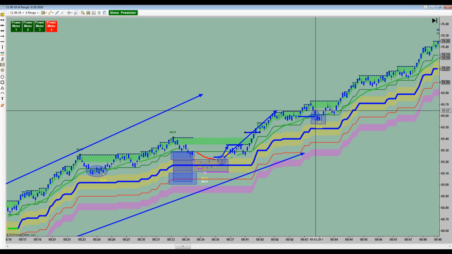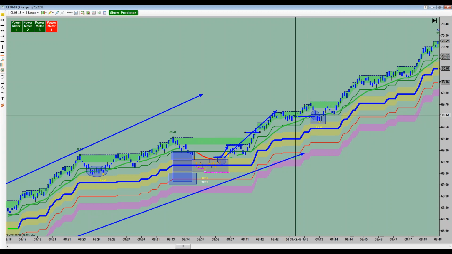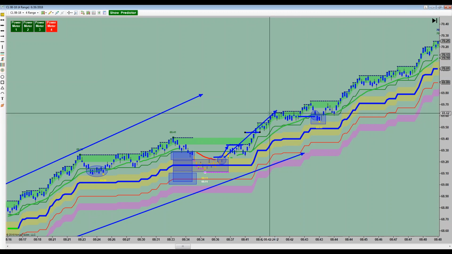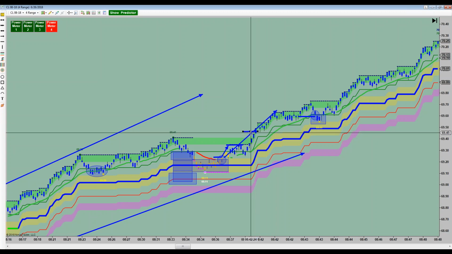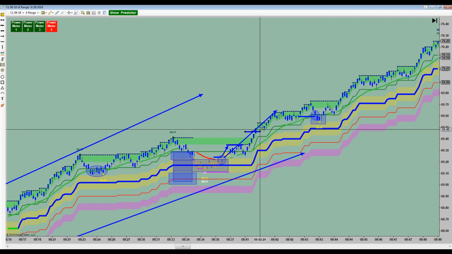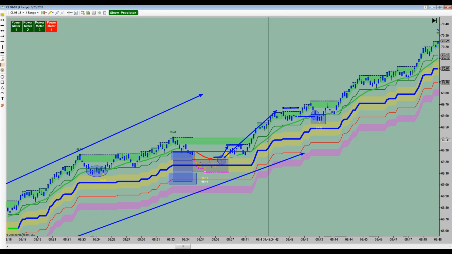Well, then what you want to do is put your targets just inside of that. Okay, so maybe you put your targets at 35 ticks, so you don't artificially choke off a good trade with a 20 tick target sitting right there. Okay? So that's basically the architecture of how a trade works out using Object Trader.